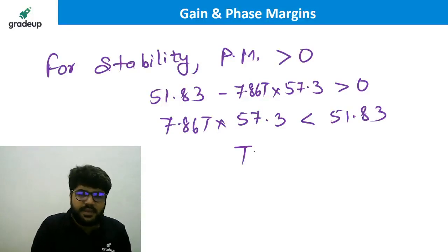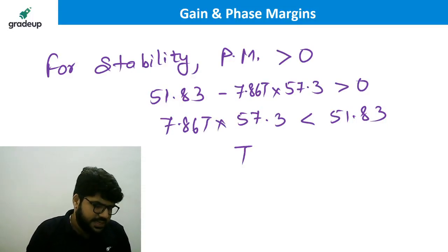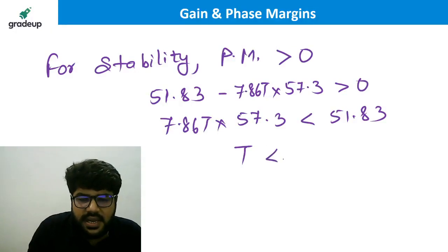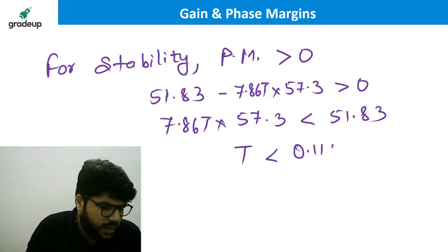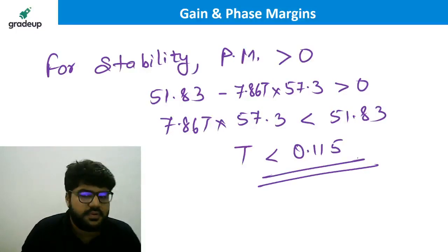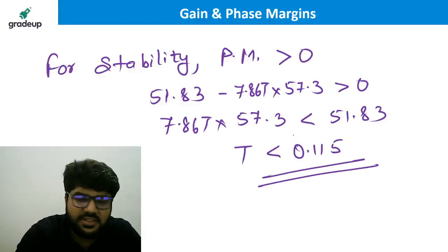Let us solve from here. So 51.83 divided by 57.3, and also divided by 7.86. I am getting the answer as T less than 0.115. This was the question, right, what is the range of T for stability?